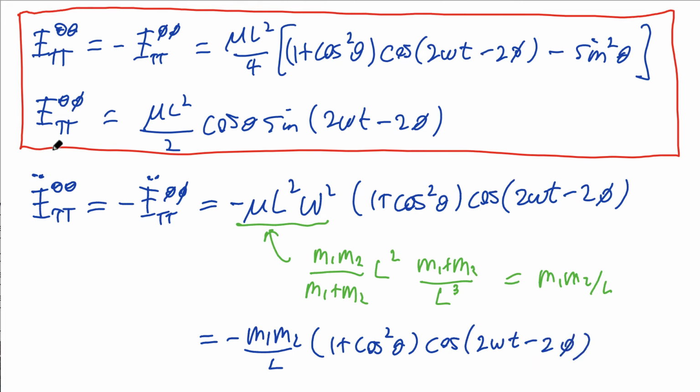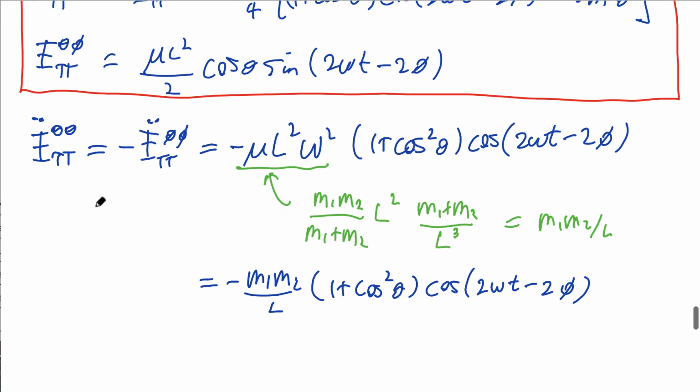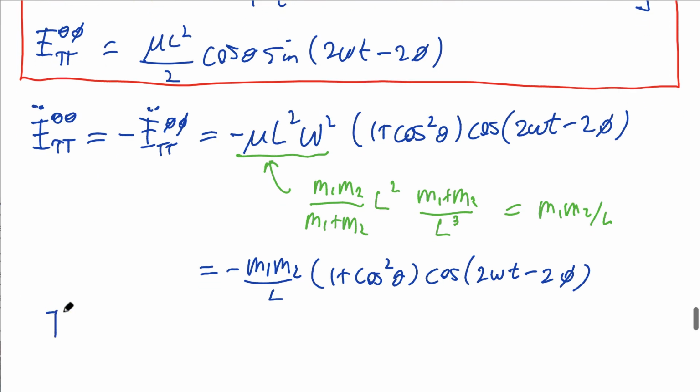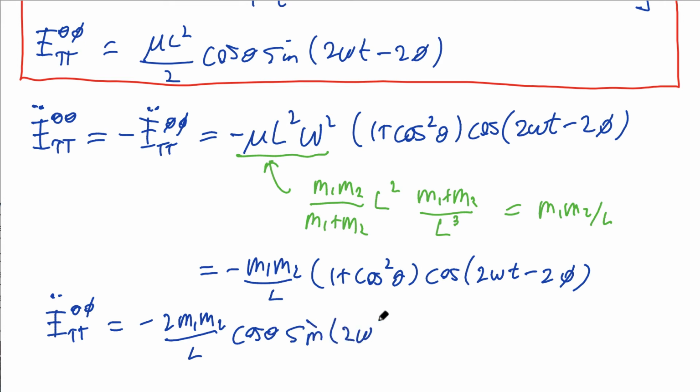And the corresponding result for the second time derivative of I bar TT theta phi is minus 2 times m1 m2 over L times cosine of theta times sine of 2 omega t minus 2 phi.